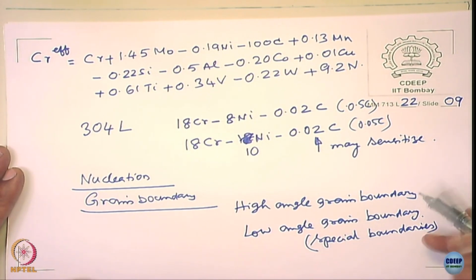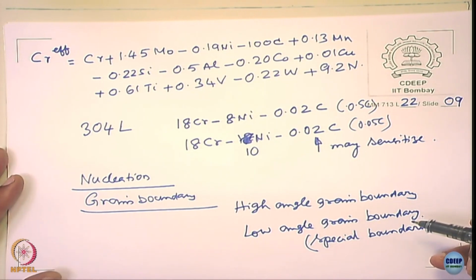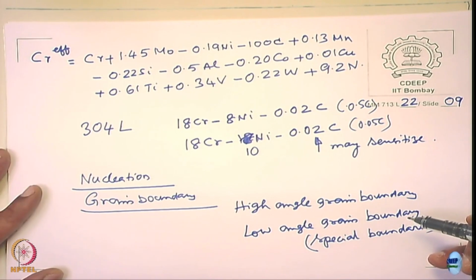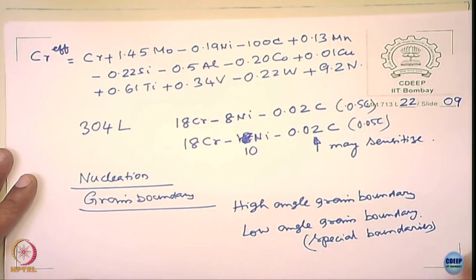What is the difference between a high angle grain boundary and a low angle grain boundary? Anybody here have exposure to this?